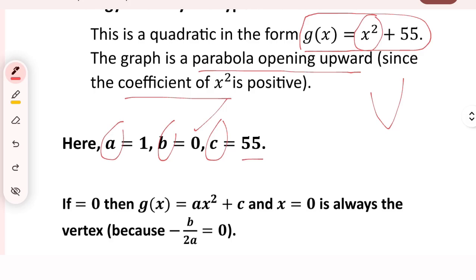So we have a, b, and c. A is 1, b is 0, and c is 55. These are the numbers that we need to put into the quadratic formula to solve for the values of x.